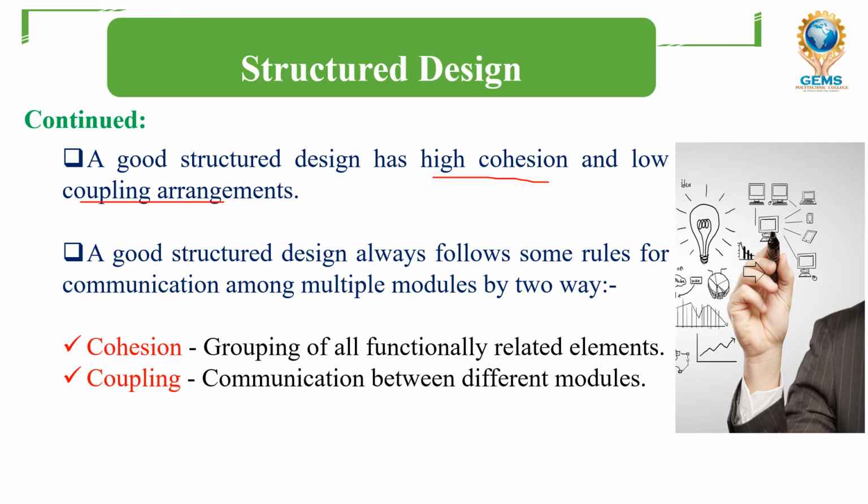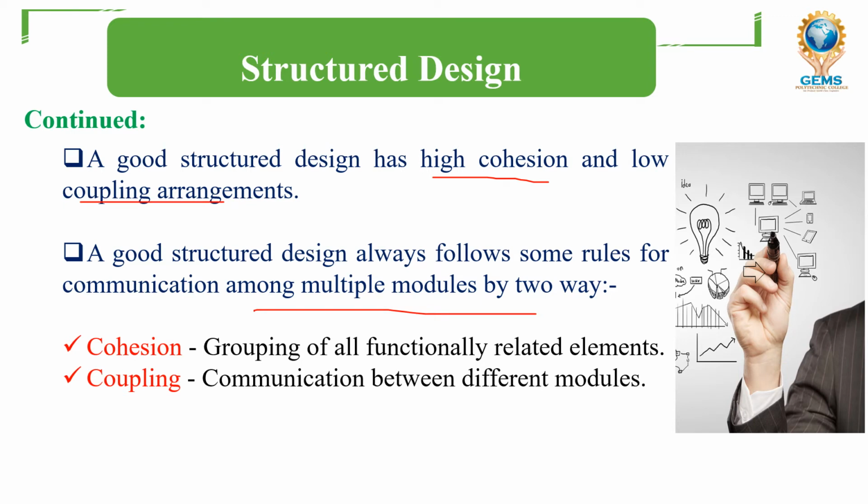A good structured design always follows some rules for communication among multiple modules. Any good structured design has to follow some rules for communicating between the modules, and how they are going to communicate among different modules. There are two ways, one is called cohesion, another is called coupling.